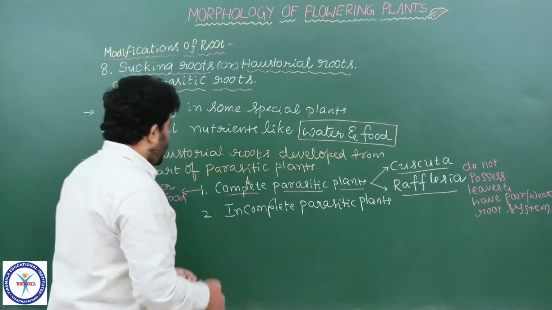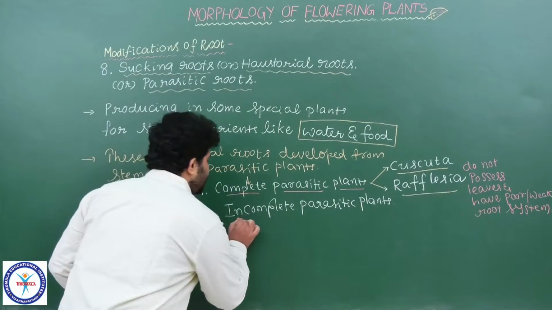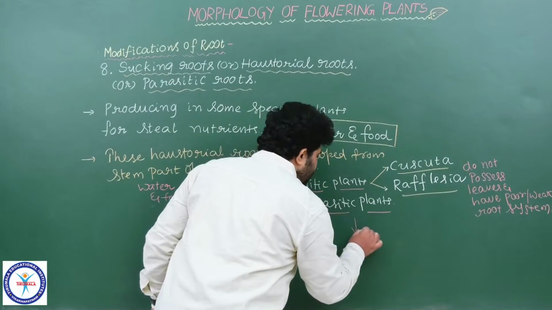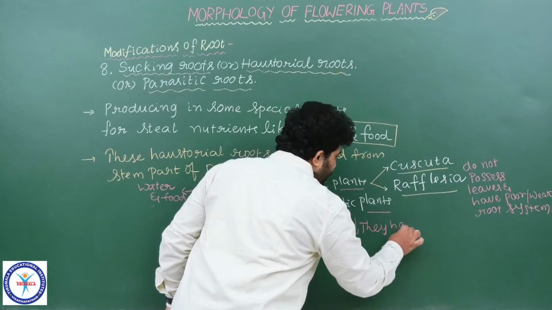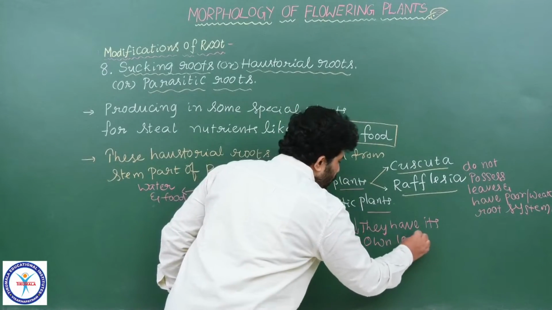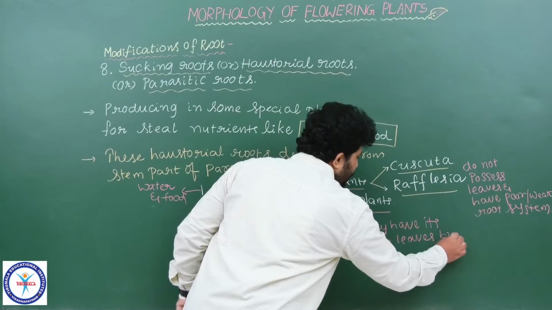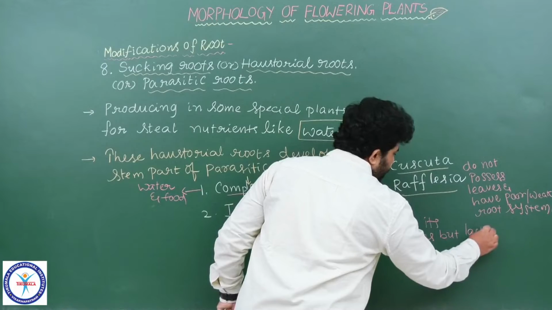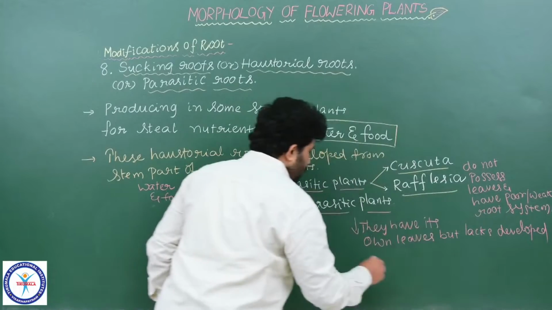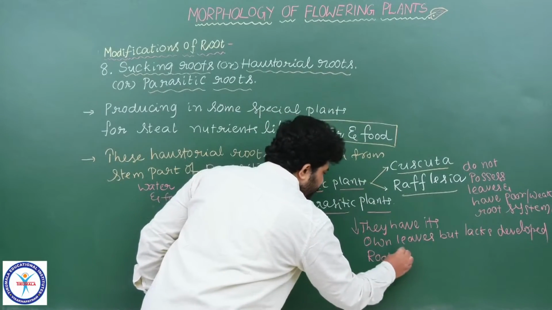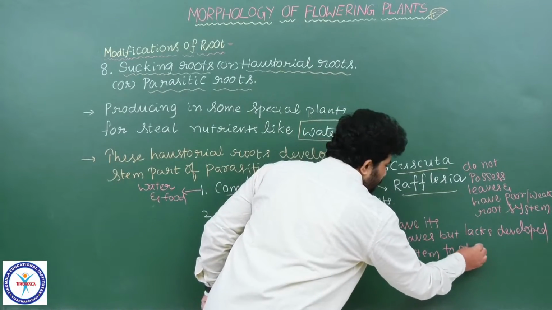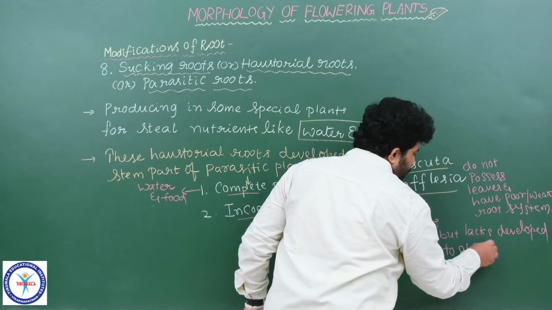Please remember, students, incomplete parasitic plants were already explained. Incomplete parasitic plants have their own leaves, but lack a developed root system to absorb water.